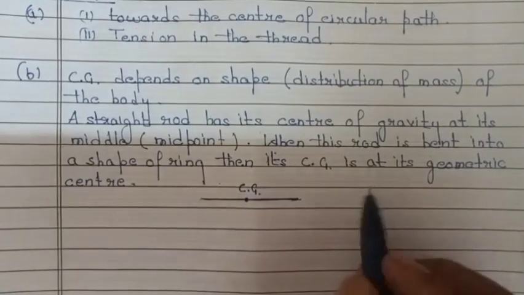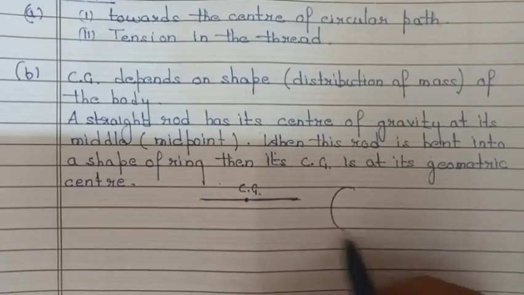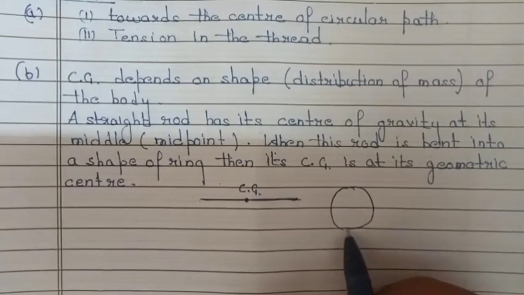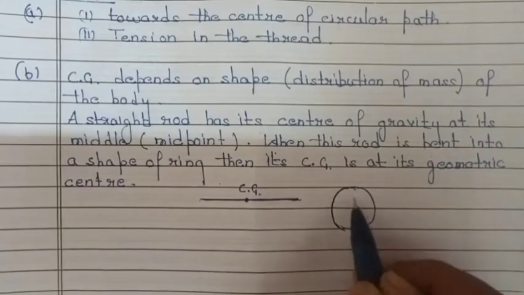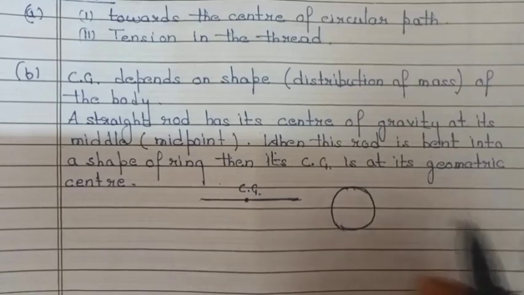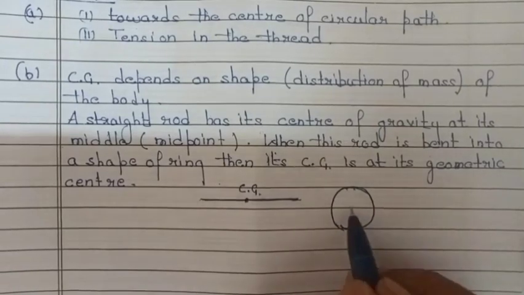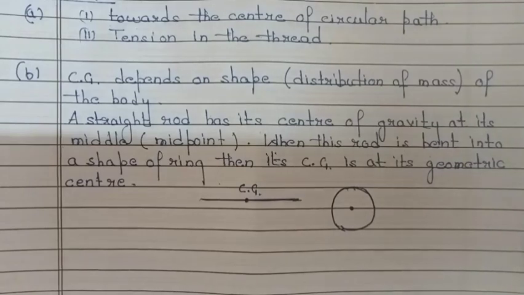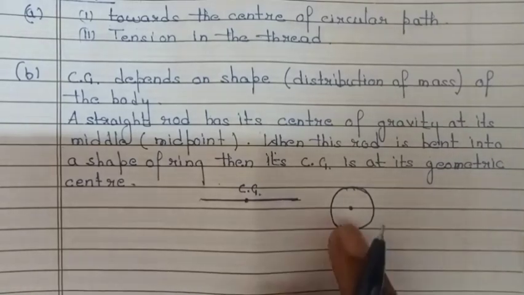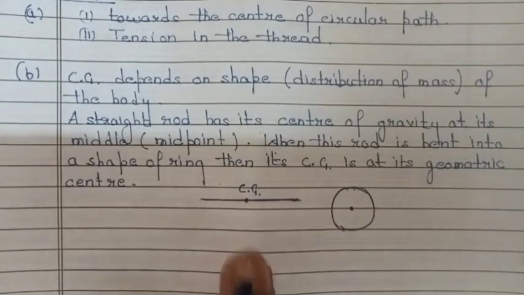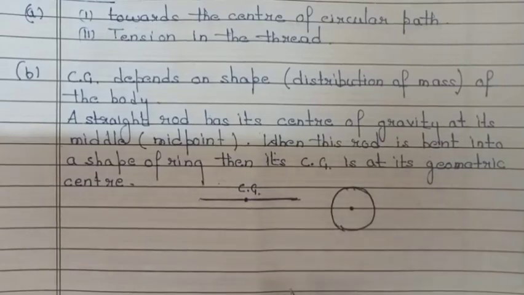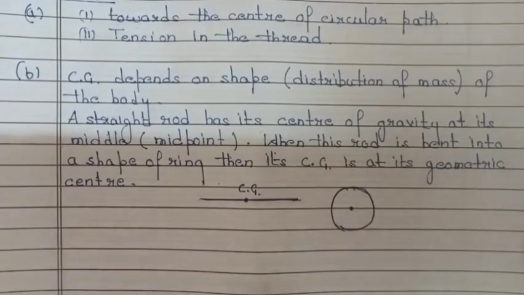But if the same rod is given the shape of a ring, then you can see the center of gravity will shift to the center of this ring, and here there is no mass. So that means as we change the shape of the body, the position of center of gravity will change.